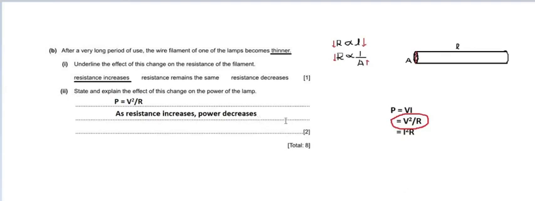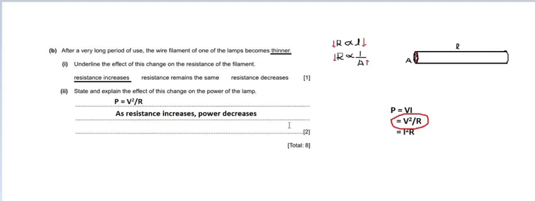That's why the potential difference across the bulbs remains constant, and V squared is a constant and P is inversely proportional to R. We can also use another formula, P is equal to V into I, and we can also explain: since I decreases in the circuit because resistance is increasing, V into I is decreasing, that means power decreases. So you can explain in either way. This one is a simpler way, so I explain in this way.